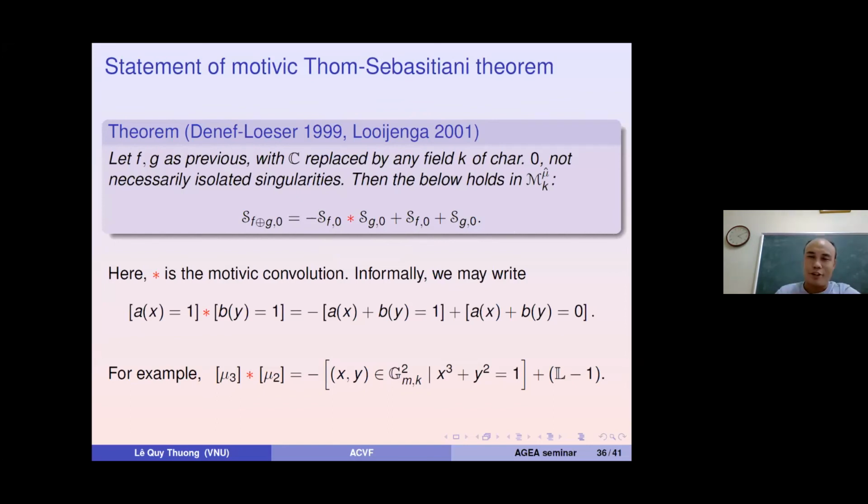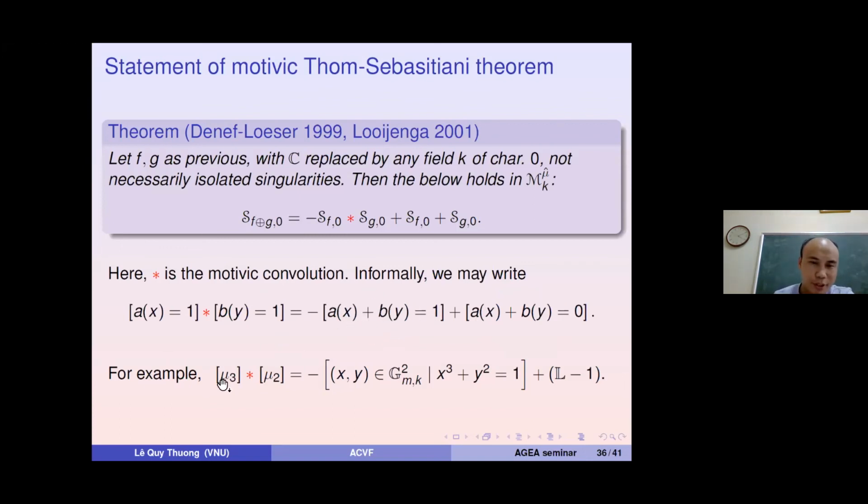So in this talk, I just mention it formally. Taking the convolution product with this one is equal to this. This something measures the distance of the values of this and the non-vanishing of this.